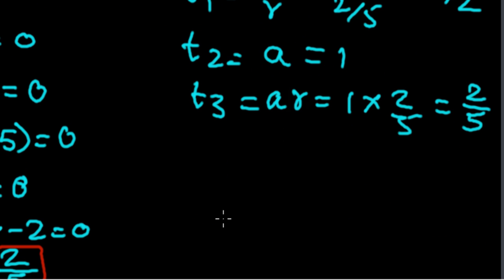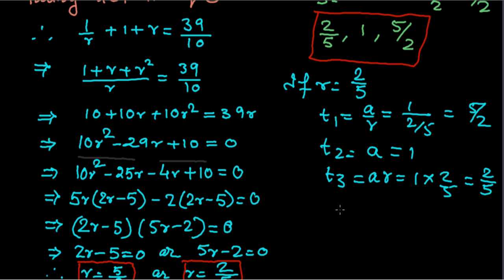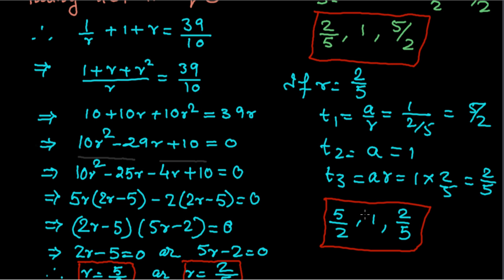So in this manner we will get the geometric progression 5 by 2, 1 and 2 by 5. So in this way we could easily find out the terms. If some other conditions are given, like the product of the terms, the sum of the terms and the number of terms, and we have to find out the terms and the common ratio, we can easily find out through this technique.